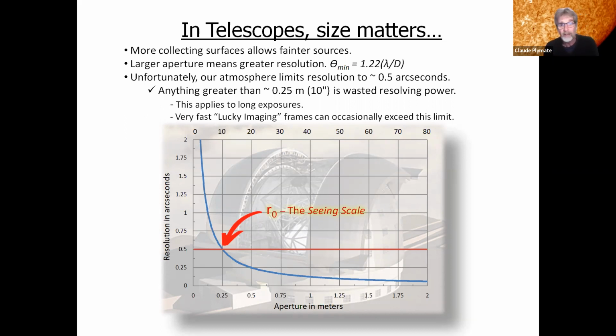So that half arc second, we would say an r0 of 250 millimeters or 10 inches. It can also be thought of as the scale over which the wavefront coming into your telescope is effectively flat across there. So keep that in mind as well.